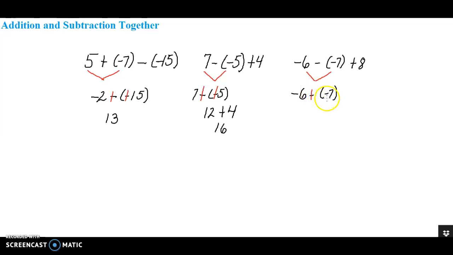We're going to take the opposite of the second number, which makes it a positive. And now we're looking at a negative 6 plus 7, which gives us 1. And then we're going to bring down the next number. And we have 1 plus 8, which gives us 9. Okay.